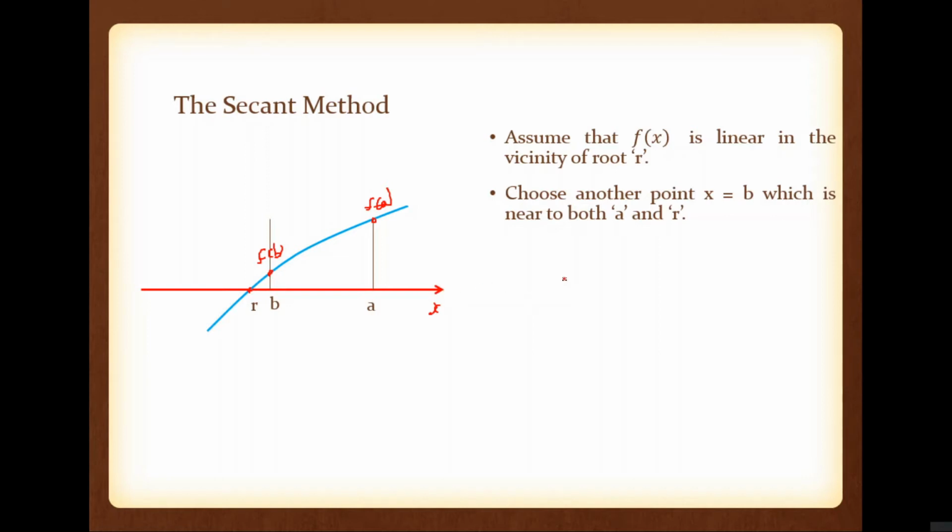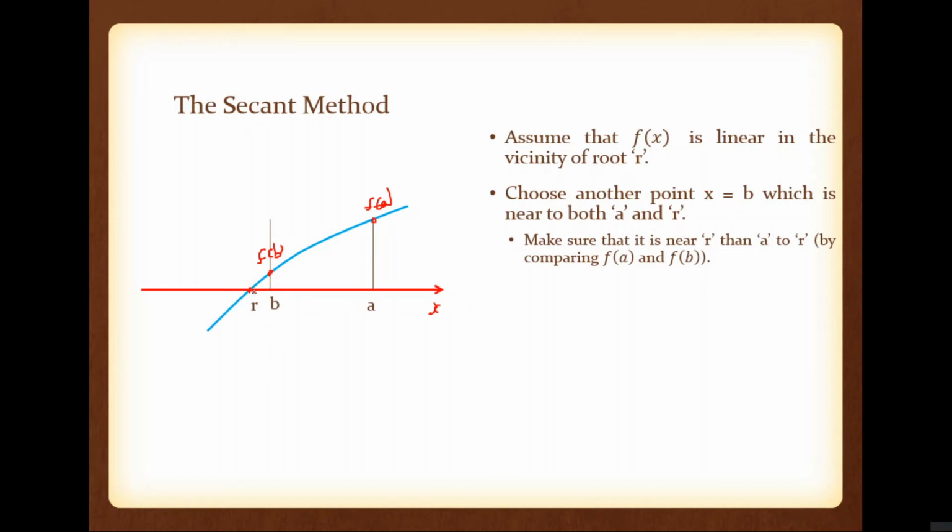Please note one thing. If you are taking two initial conditions, out of those two, B must be closer to r than A. How can you identify that?